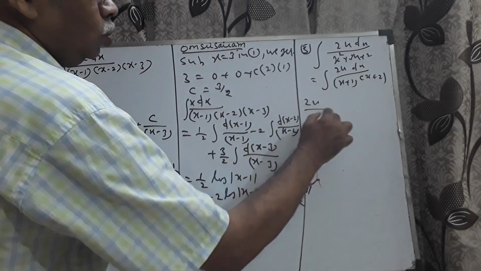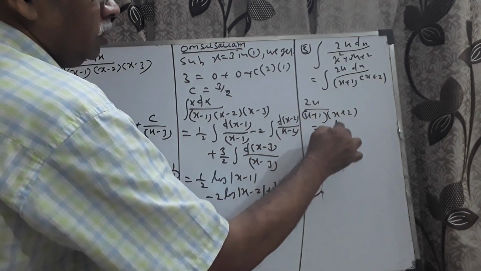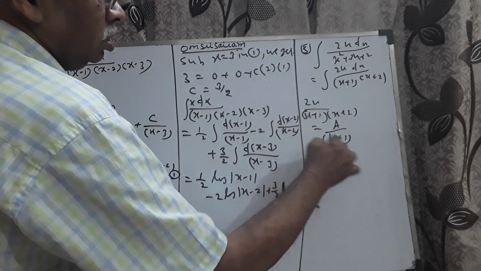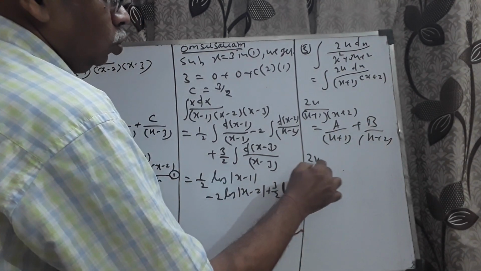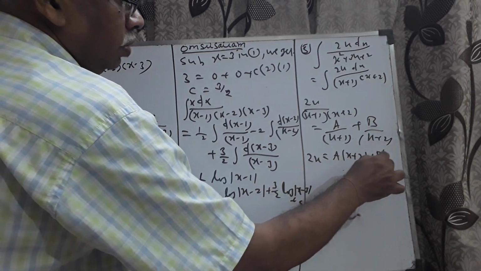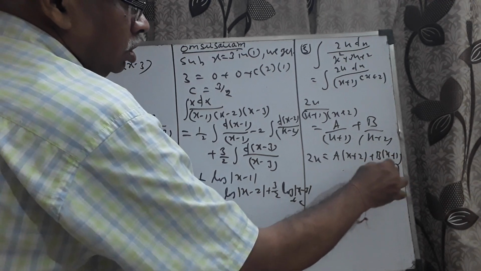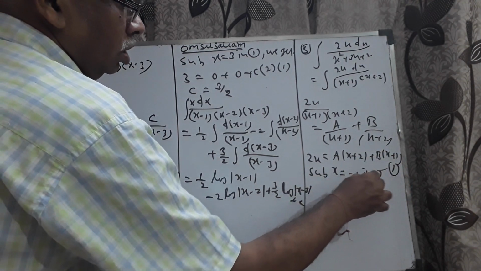Therefore, let 2x by x plus 1 into x plus 2 be equal to a by x plus 1 plus b by x plus 2. Therefore, 2x is equal to a into x plus 2 plus b into x plus 1. Now substitute x equal to minus 1 in 1.